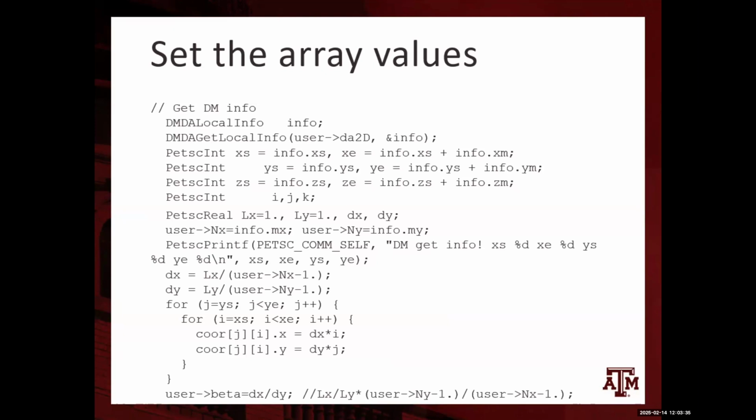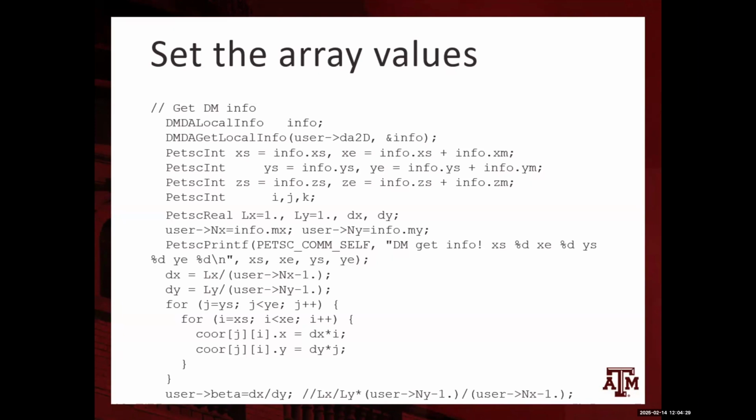PETSc has this local info data structure, and with DMDAGetLocalInfo, the first argument is our DA, we can get all that information into the structure info. In that structure, XS is the starting point on that rank, and XM is the size in the X direction on that rank.